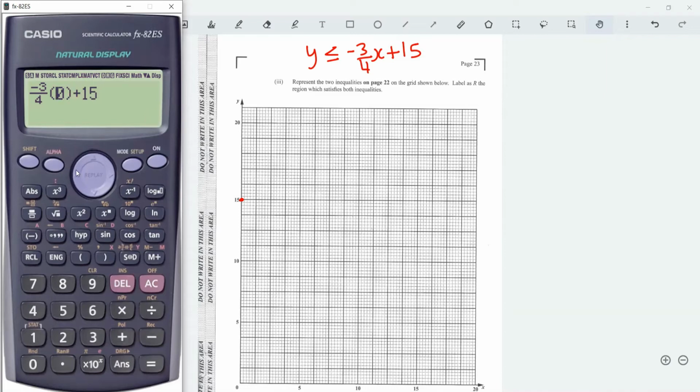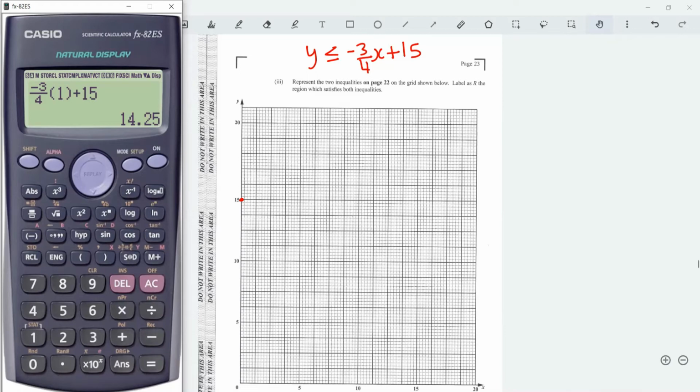Now when X is 1 right here, that's going to give you 57/4, in other words, 14.25. But wait, they're giving us different values of X like 0, 5, 10, and 15.